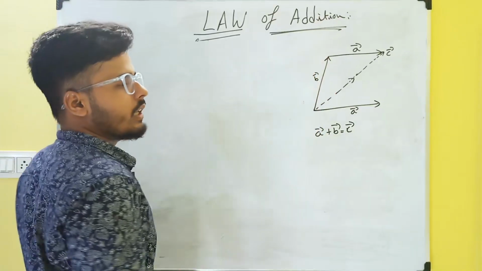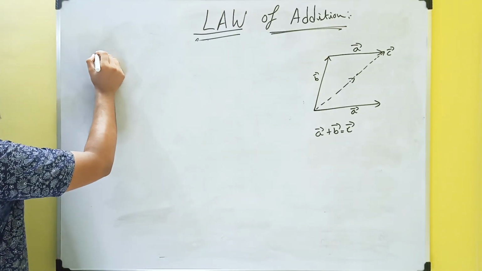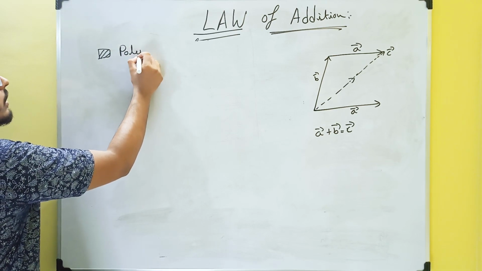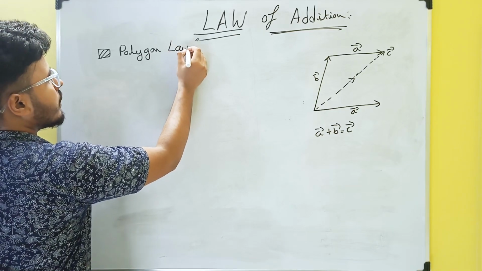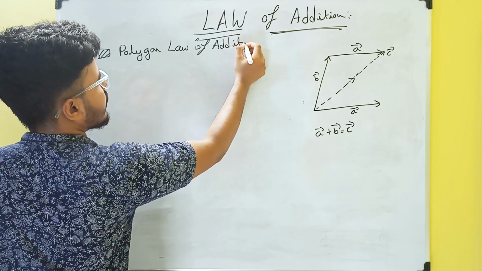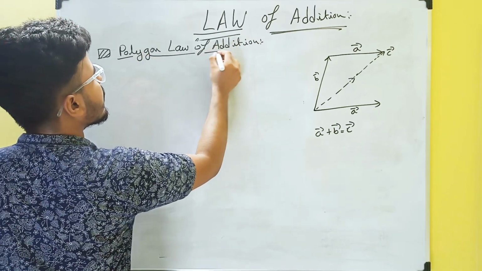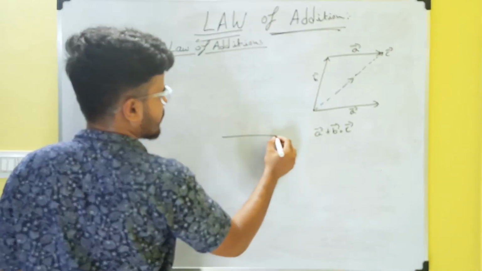Now this is the triangle law of addition. So from here, the polygon law of addition. Let's take a polygon.